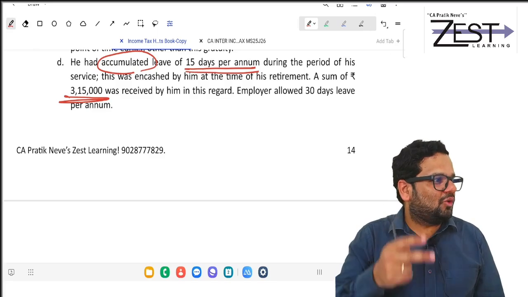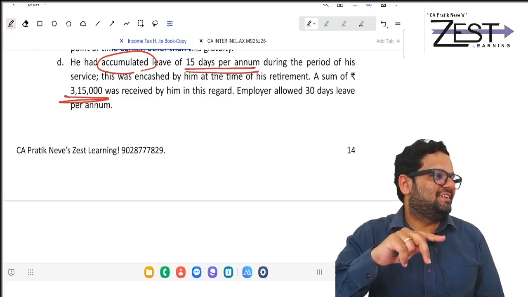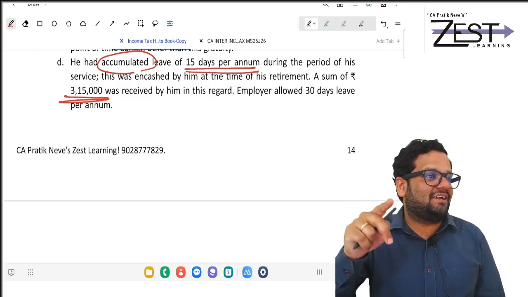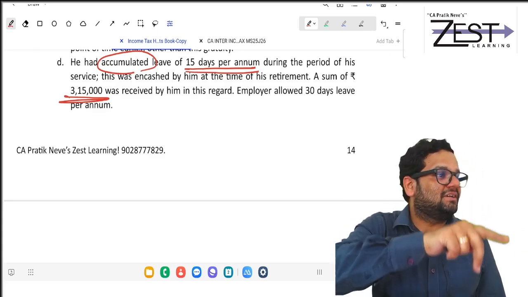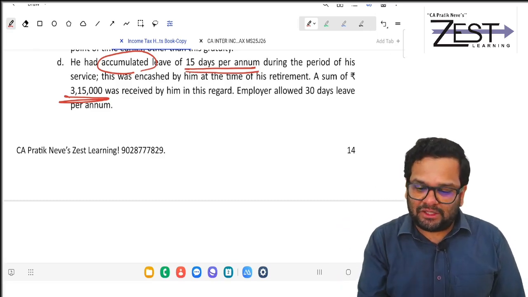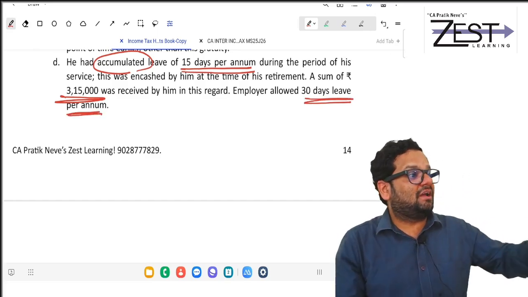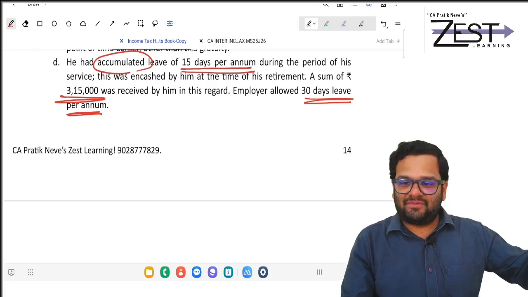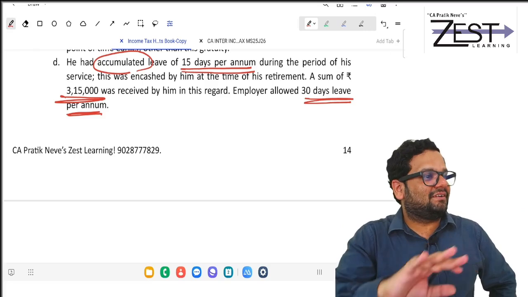Now two figures you want: 10 into average salary, and the first figure, that is leave entitled standing to the credit of the employee at the time of retirement, converted in months multiplied by average salary. Employer allowed 30 days leave per annum. 30 is allowed as per IT Act and 30 is allowed as per employer. So it is tallying.